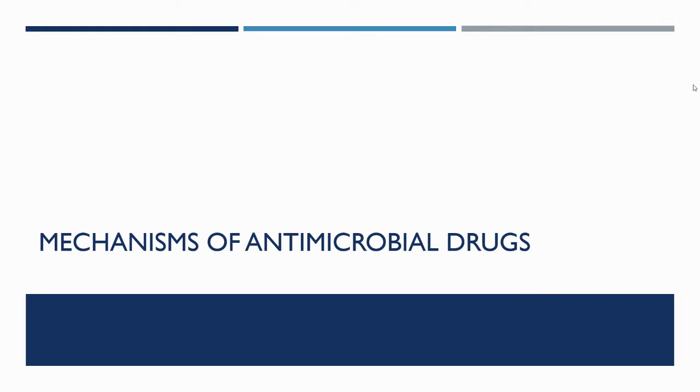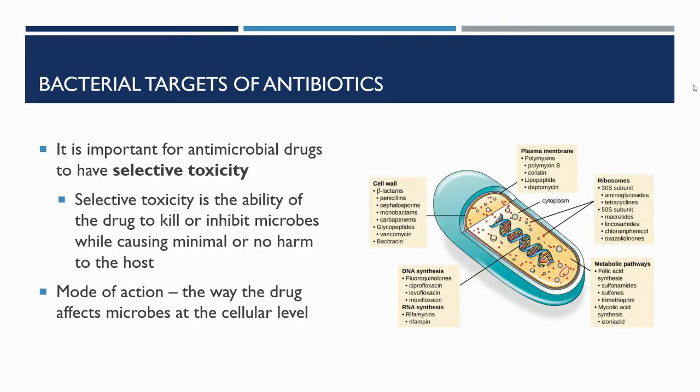All right, so exactly how do antimicrobials work? Well, antibiotics have specific targets, and these targets for antibiotics are bacterial structures that are different from the structures found on eukaryotic cells.